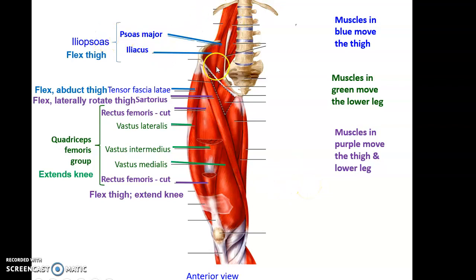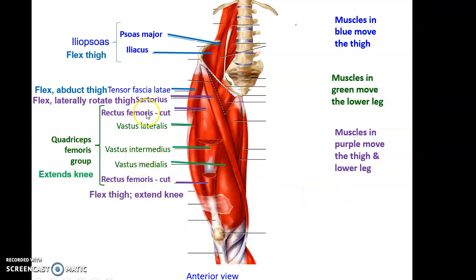So iliopsoas, what does it do? It helps to flex the thigh at the hip joint. Tensor fasciae lati can help to flex the thigh at the hip joint, also helps to abduct the thigh, so pull it outward laterally. Sartorius muscle here, it can help to flex the thigh at the hip joint. It can also laterally rotate the thigh at the hip joint. So laterally rotate, twist it so that the knee is going out laterally.